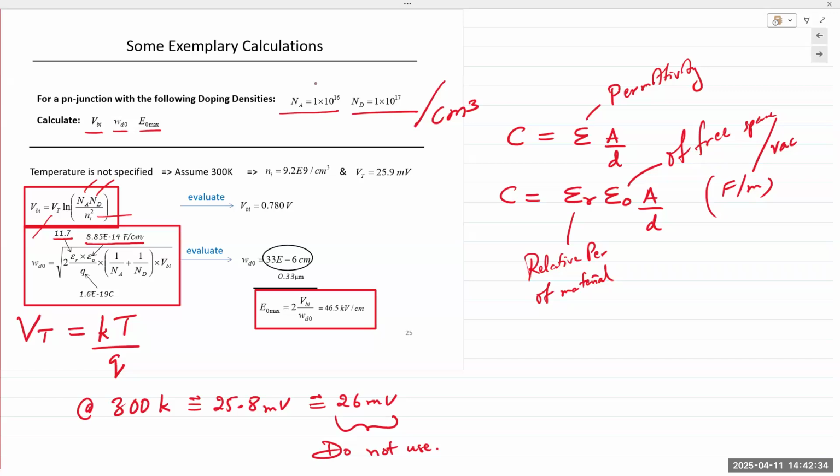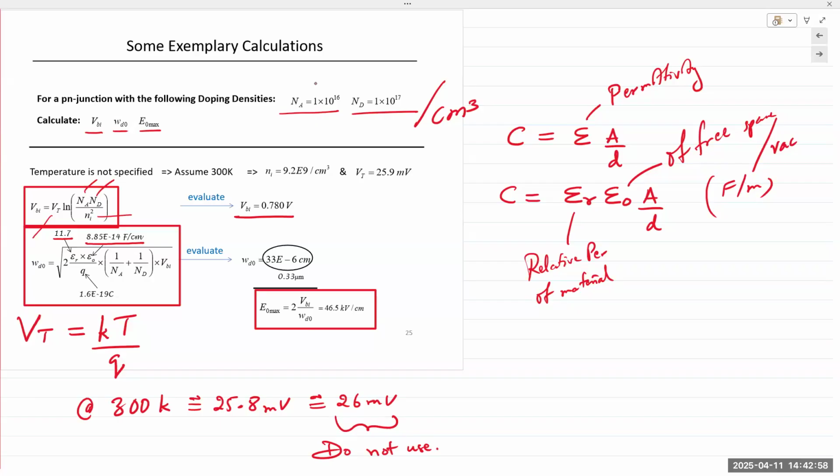So one note about this before we move on. Look at the built-in potential. Silicon, right? Epsilon r is 11.7. The doping profile is 10 to 16 and 10 to 17. Not very high, not very low, somewhere in the middle. But the built-in junction potential is about 0.78.